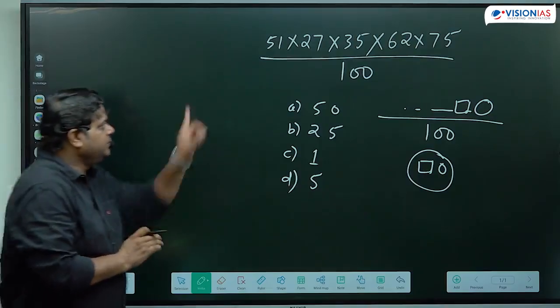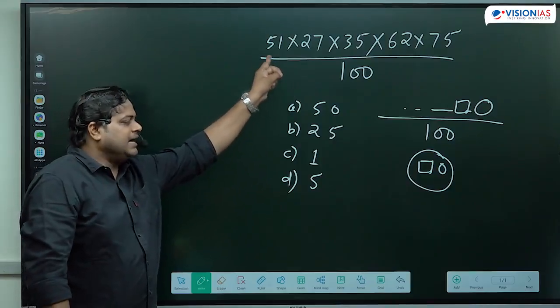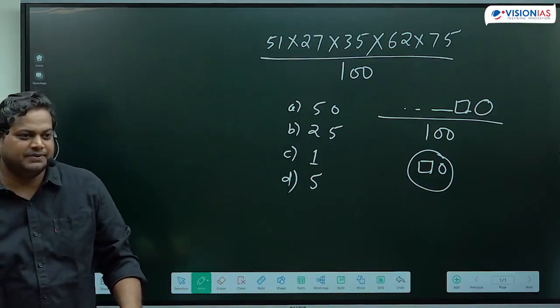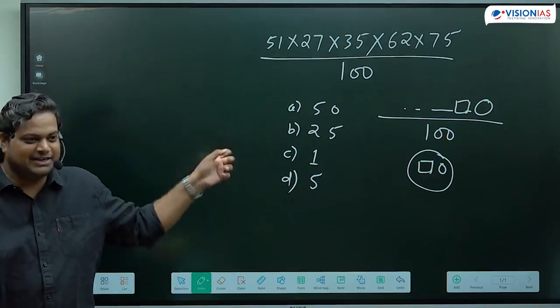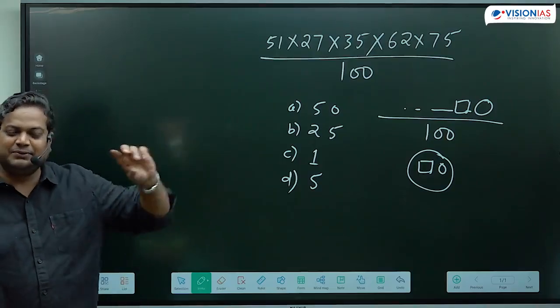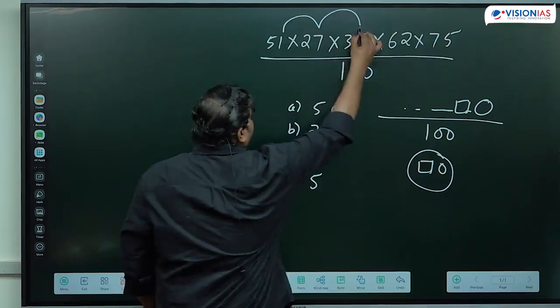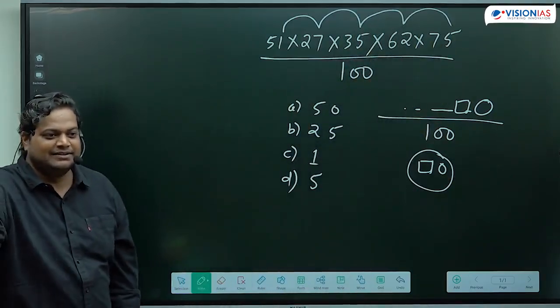If we multiply unit place digits, then we'll get the idea for unit place only. We cannot have idea about the 10th place. इसमें आ रहा है ऐसा, लेकिन वो होता नहीं है. Because if we multiply unit place digit like 1, 7, 5, 2, 5, so you are saying it is coming 50. हाँ?